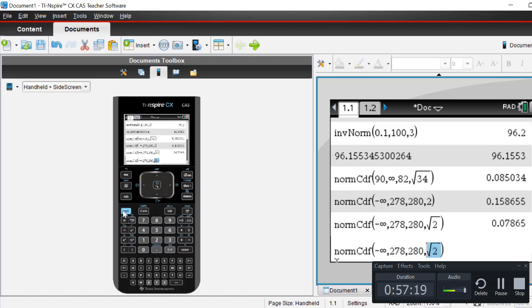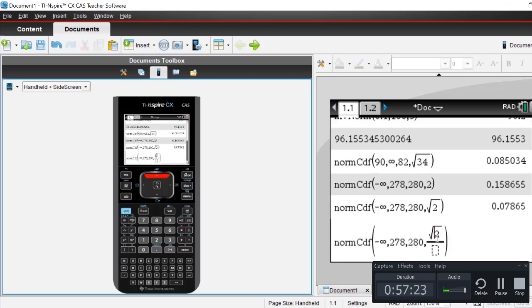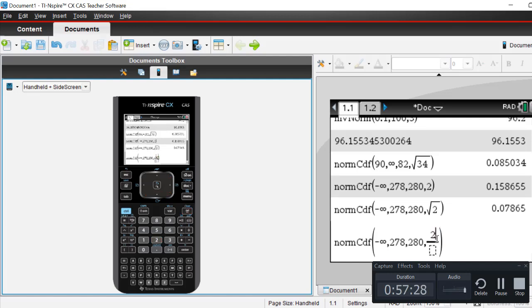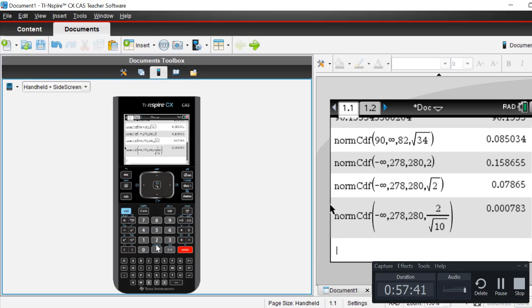So I'm going to change that to 2 divided by root 10. It's exactly the same problem, just take into account that n is equal to 10.